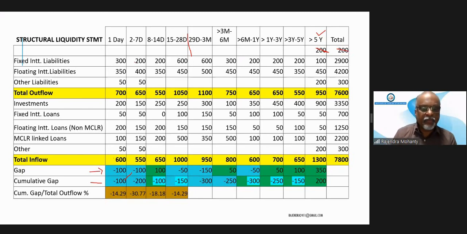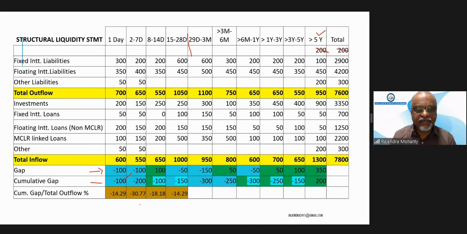Okay. Suppose you have calculated all this and a question might be asked, which maturity ladder out of these four complies with the RBI's prescription of liquidity under the structural liquidity statement? Which one is okay? The fourth one is okay. So first, second, third are not okay. Clear? The first one is 5%, but you have 14.